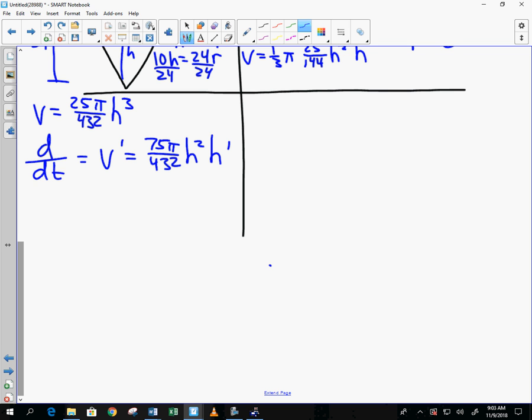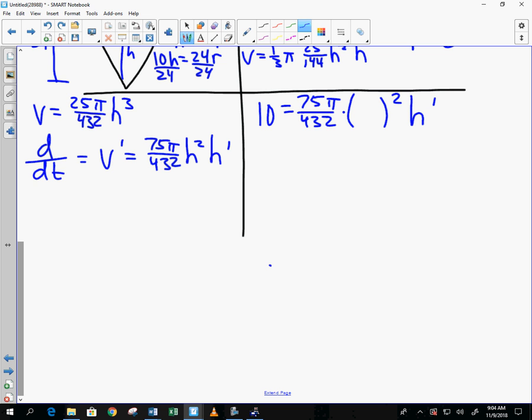Dump the 3 in front. Three over 1. Top by 3, bottom by 1. Good question. Okay, now, what is v prime? 10 equals 75 pi over 432 times something squared times h prime.